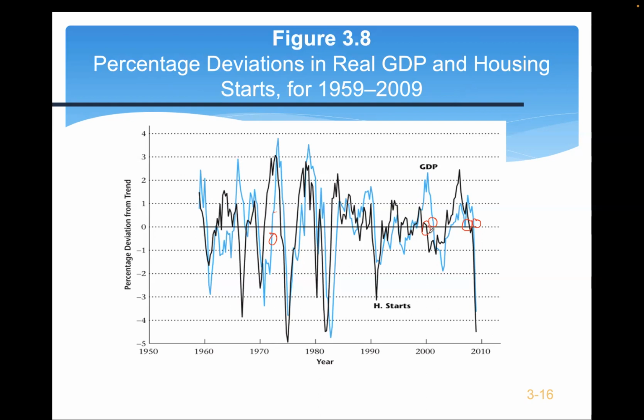Otherwise, they are going to lose money, they are going to incur some loss, right? So in that sense, this explains why housing start is a leading factor, because those people in the business need to predict the direction of the economy, and a house usually takes a while to build, right?